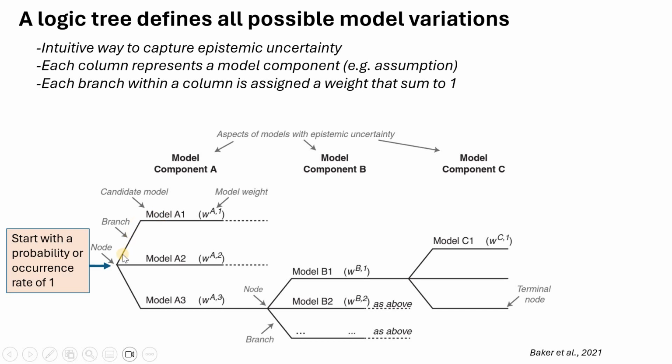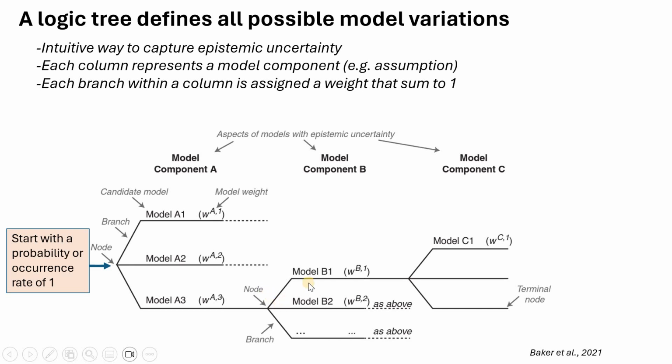So it's like a choose your own adventure type of deal. So we come in here, and this model component might be, what is the fault model? Where are the faults, right? Maybe you choose this map, maybe you choose this map, maybe you choose this map.